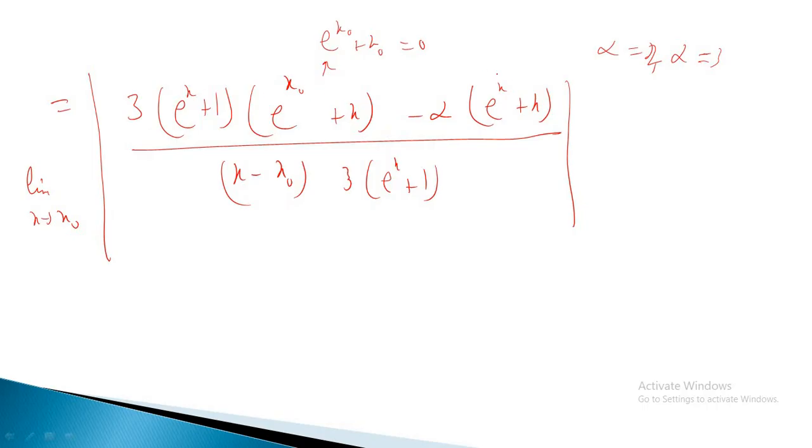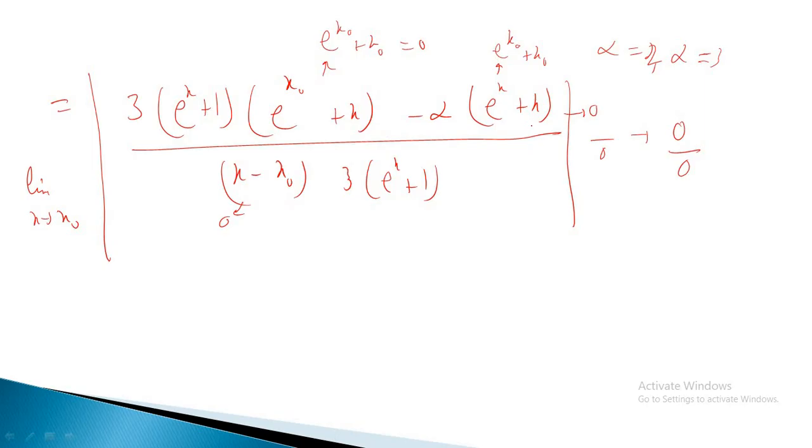Similarly the second term becomes 0, so the whole numerator becomes 0. In the denominator, when x tends to x naught, this term becomes 0, and 0 times anything is 0, so we get 0 again. So this expression becomes the 0 by 0 form, which is an indeterminate form.